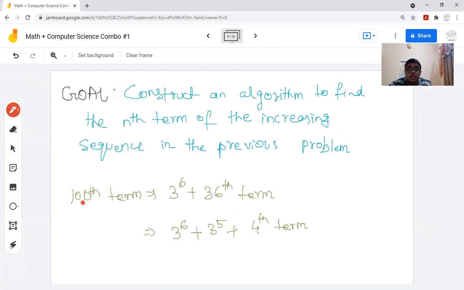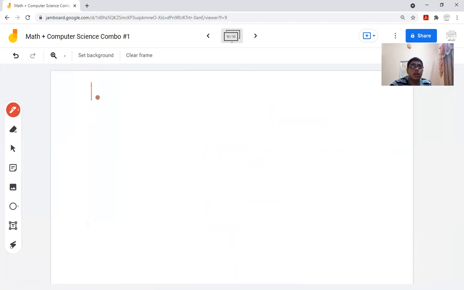It's the 100th term. So we look at log 100 to the base 2. This is obviously going to be less than log base 2 of 64, and this is less than log base 2 of 128. Why? Because log x to base 2 is an increasing function.